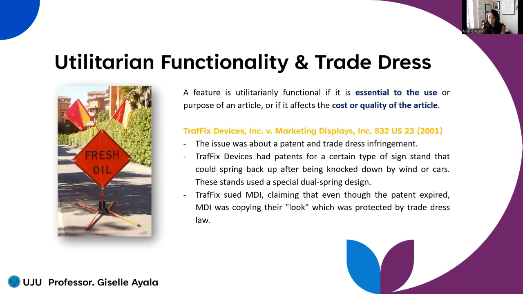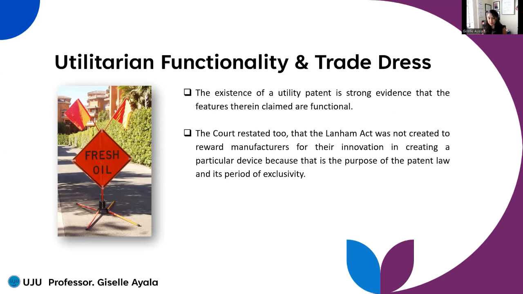Therefore, the defendant was not allowed to create or manufacture a sign that looked similar to that product initially protected by Traffix Devices. And here the court noted, and this is what is more important to highlight, that the existence of a utility patent is strong evidence that certain features or the presentation of a product or the way it is designed are functional.